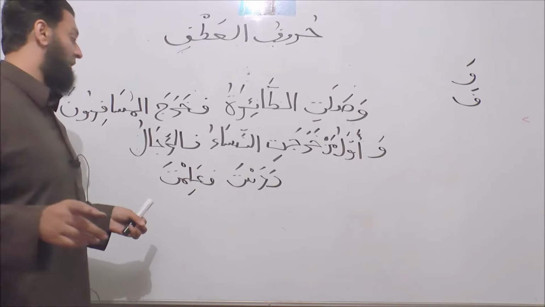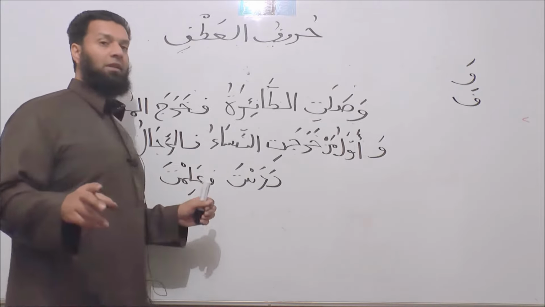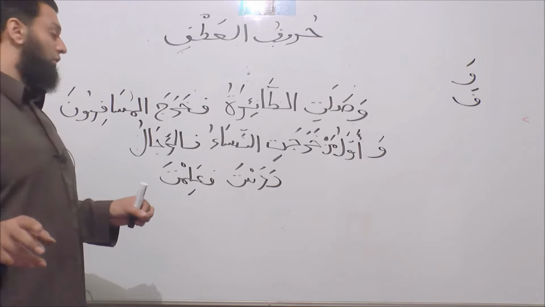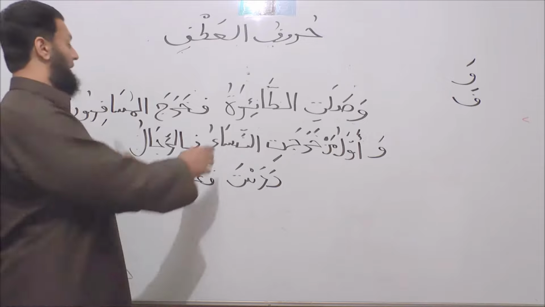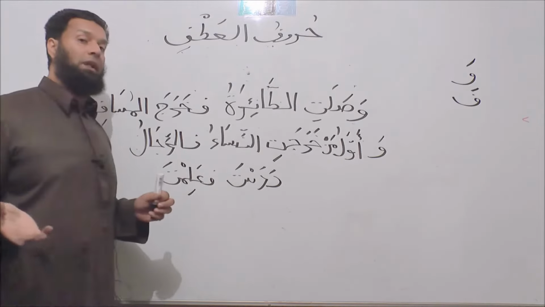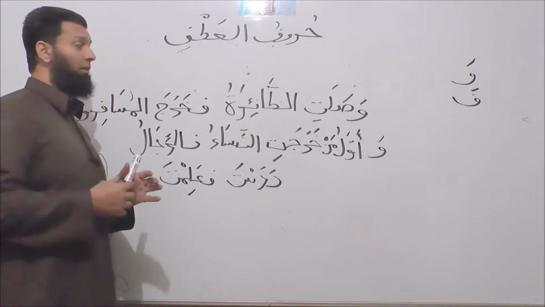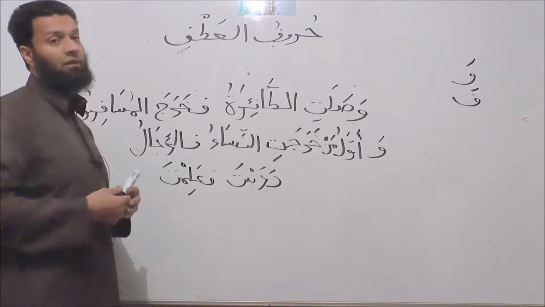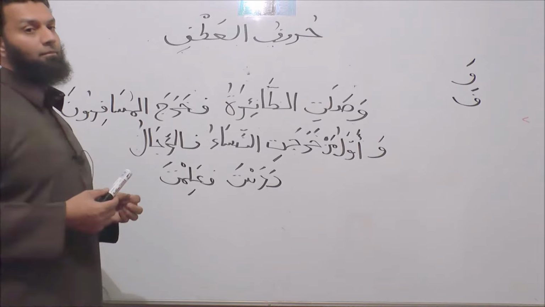Is that what you're wondering? Because you think, when you translate it, does the fa still mean then? So here we translate the fa to mean then, don't we? Because we're talking about the sequence of events. وصلت الطائرة فخرج المسافرون.